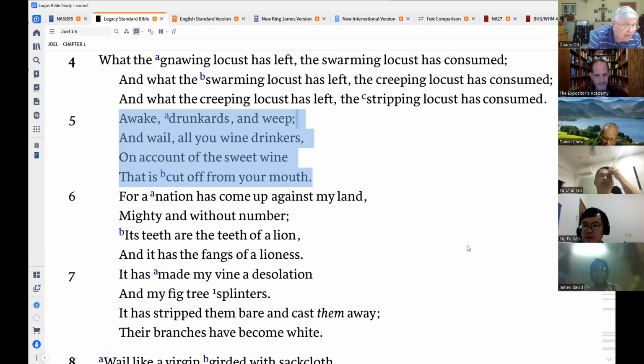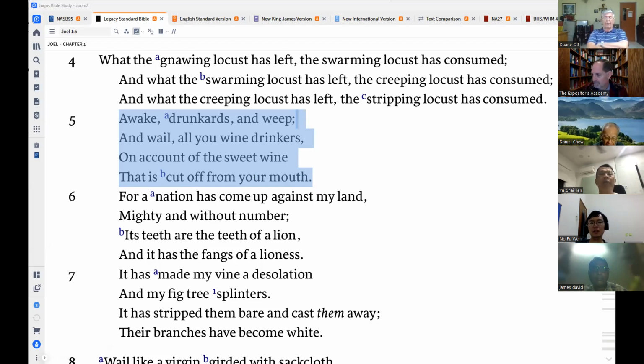In fact, from verse 4, my take is that God has hurled so much and such devastating punishment on them.